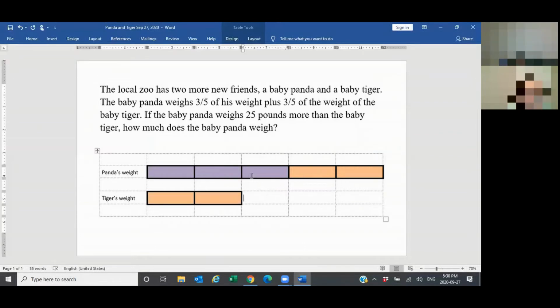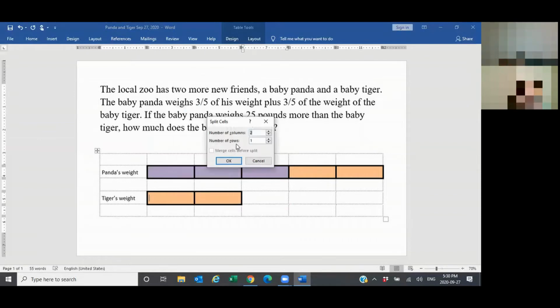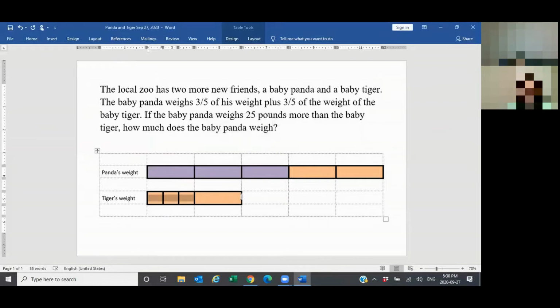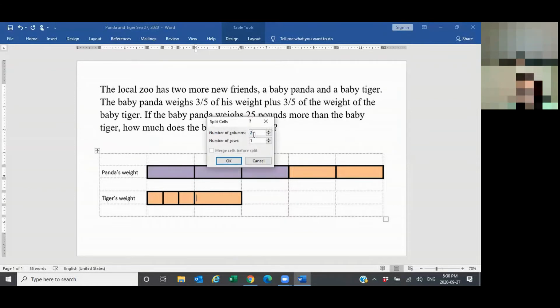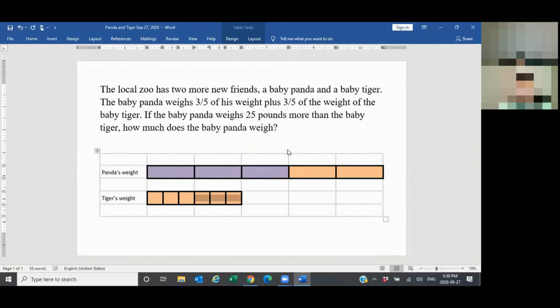But how do we make the other fifths? Because there are only 2 bigger rectangles. So I'm going to split each one of them into 3 pieces. There we go.